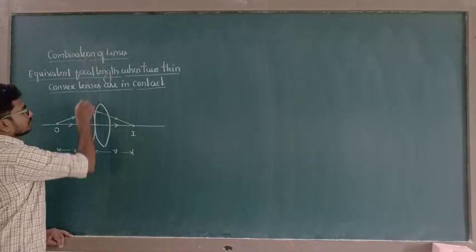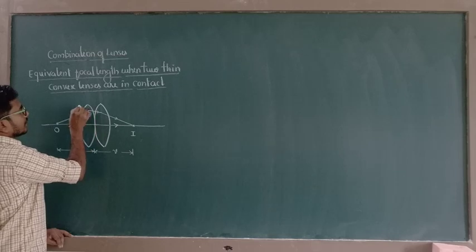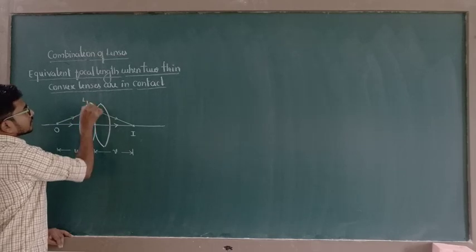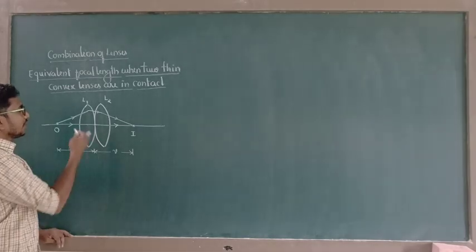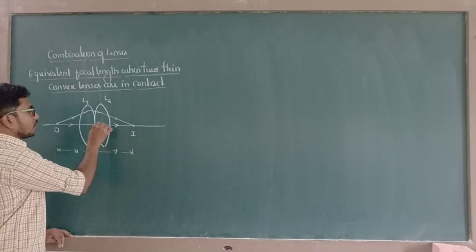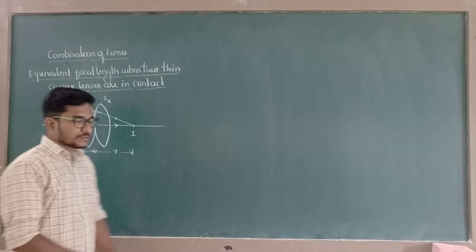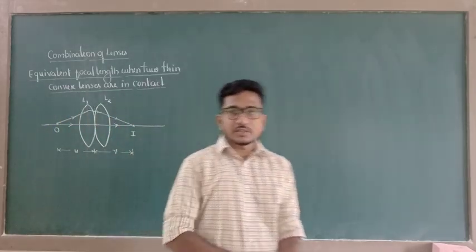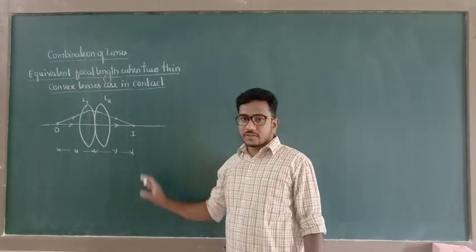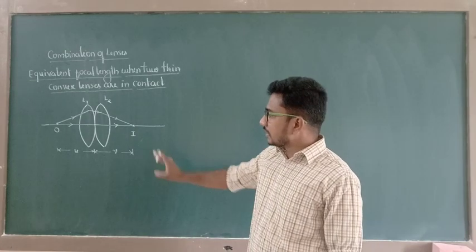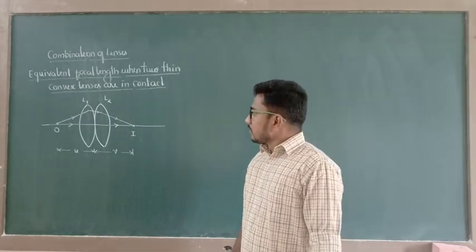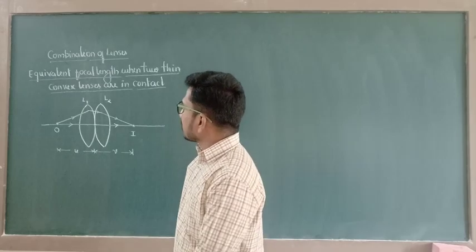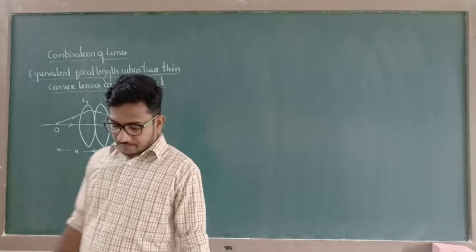So let us name this lens as L1 lens and this lens as L2 lens, and the focal length of this lens is f1 and the focal length of this lens is f2. So this is the combination of two thin convex lenses in contact. Now a brief explanation about this ray diagram.